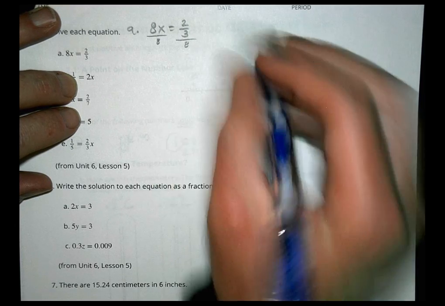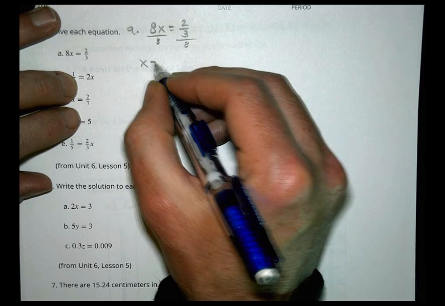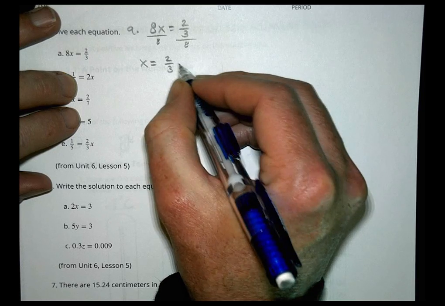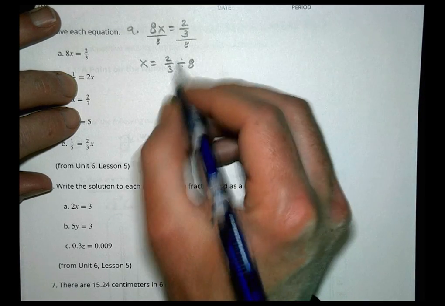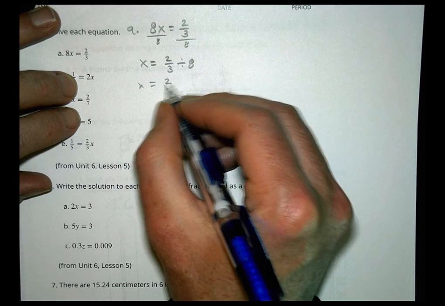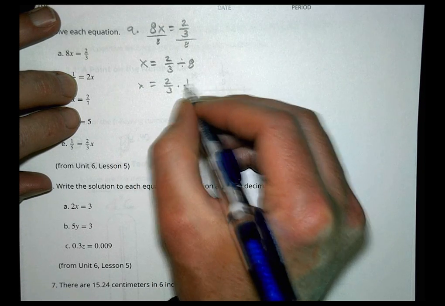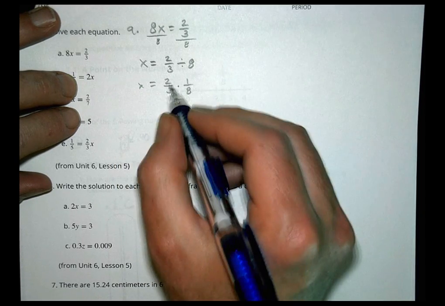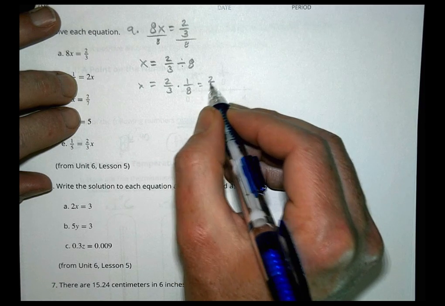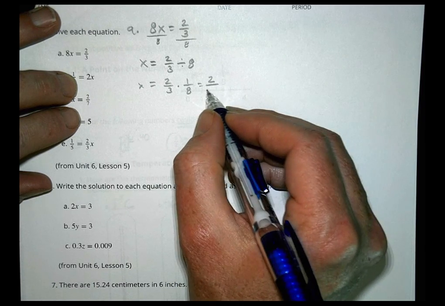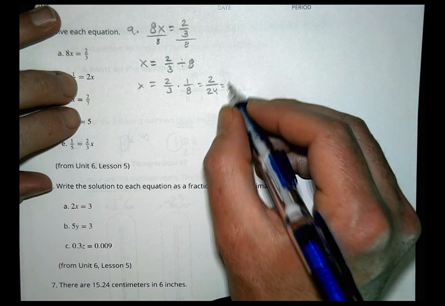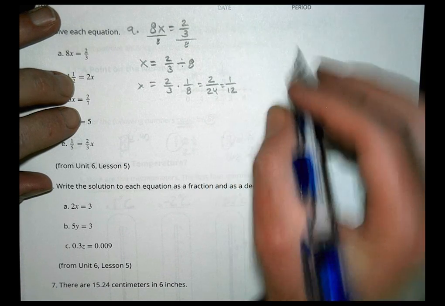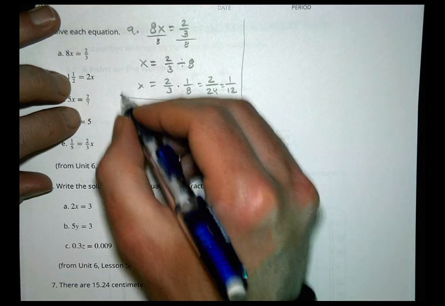So, x is actually equal to 2/3 divided by 8. And when we're dividing by 8, we're also talking about multiplying by the reciprocal, so 1/8. So 2 times 1 is 2, and 3 times 8 is 24. So I can say x equals 2/24, or I can reduce that to 1/12. So that's A for you right there.